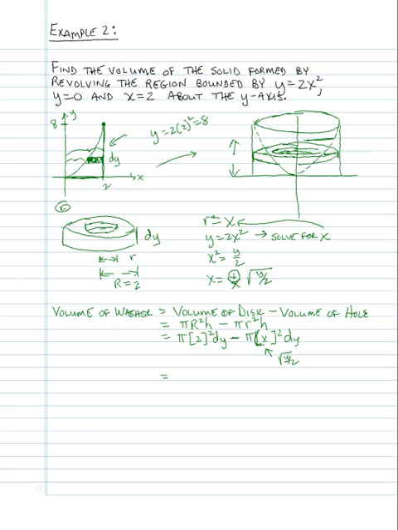So what does this look like? Well, in this very first position, 2 squared is 4, so we have 4 pi dy. Minus, in the second position, we have the pi. And when we square the square root of y over 2, we simply get y over 2, and then dy.